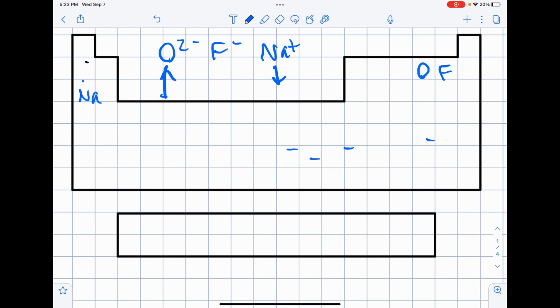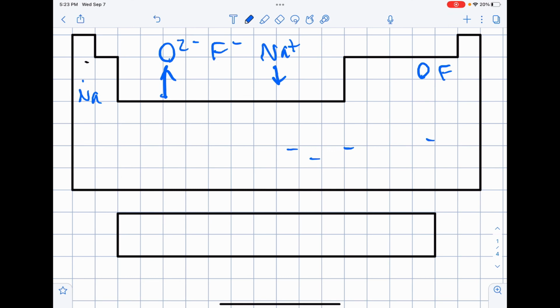Let's do some practice. So let's focus on these elements here: nitrogen, phosphorus, and silicon. So looking at these guys, which one out of the three is going to have the biggest radius? Okay, so first we're talking about atomic radius, not ionic, right? Because I did not say anything about charge or plus or minus.